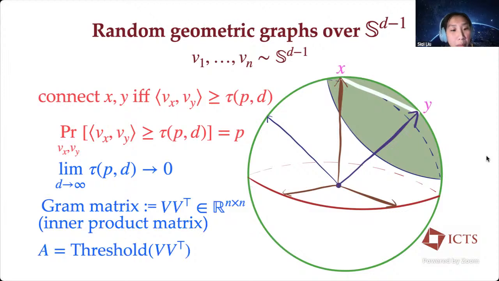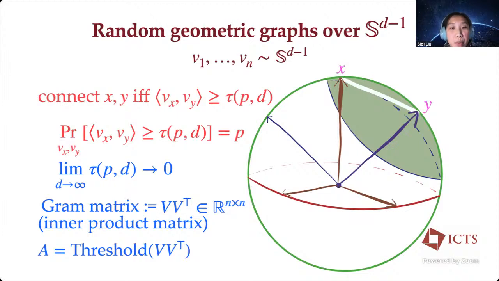So one matrix that I want to define here is the so-called Gram matrix, or the inner product matrix, which is defined as VV transpose, where V is the matrix whose rows are the vectors V_i, the coordinates of the vertices that are being sampled in this process.